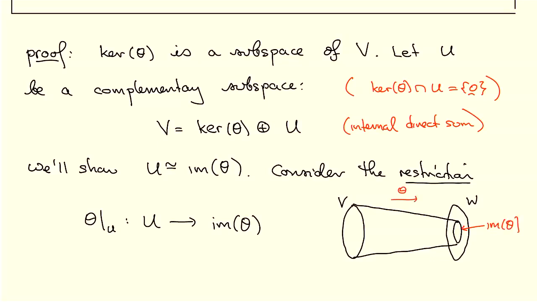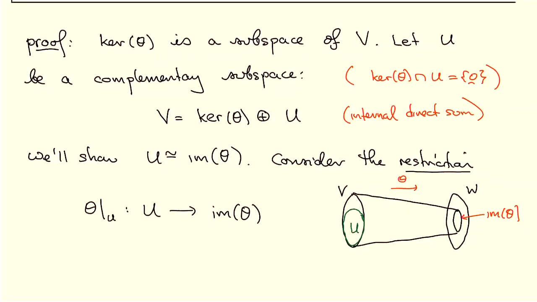Somewhere inside V, we've got U. There it is there, let's say. And we're considering theta just restricted to U. And the claim is that that's actually an isomorphism. So I'm trying to show that this map from here to here actually is an isomorphism. In principle, before I know that, this would perhaps go to a smaller set, it wouldn't necessarily be surjective. It might go to here or something. But we're going to say that doesn't happen.